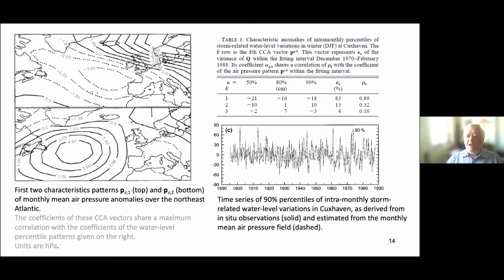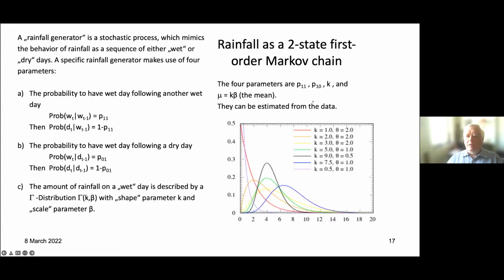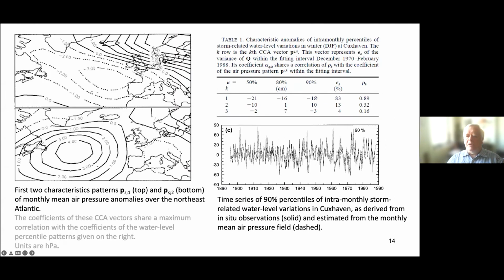So you can see here, K equal 1, that is this left diagram here, goes with the reduction of the 50 percentile of water level variations by 20 centimeters, the 80 percentile by 16, and the 90 percentile by 18 centimeters.